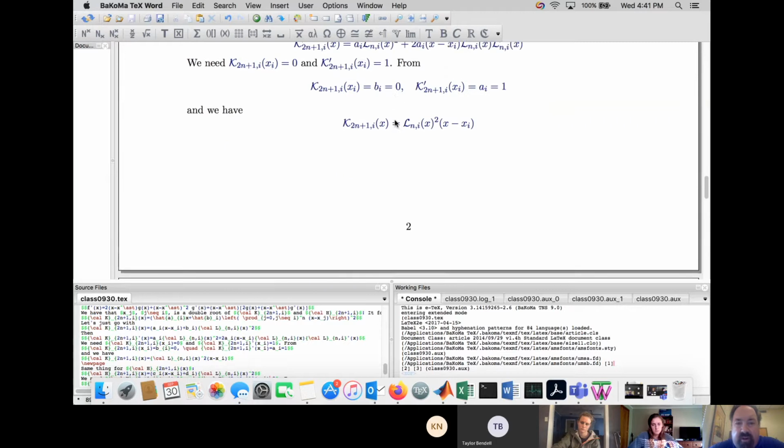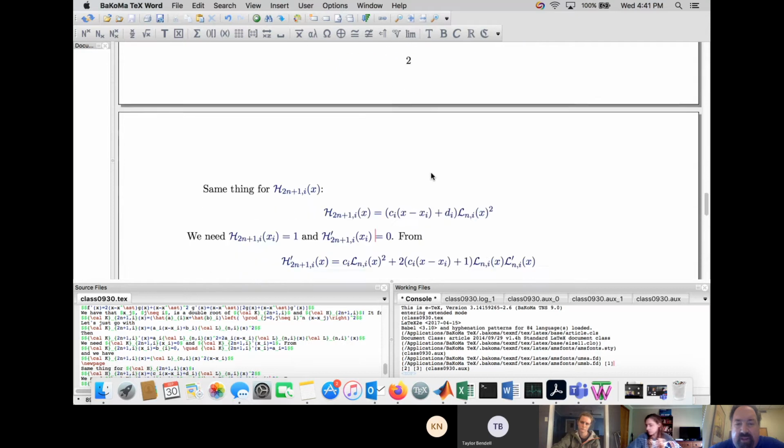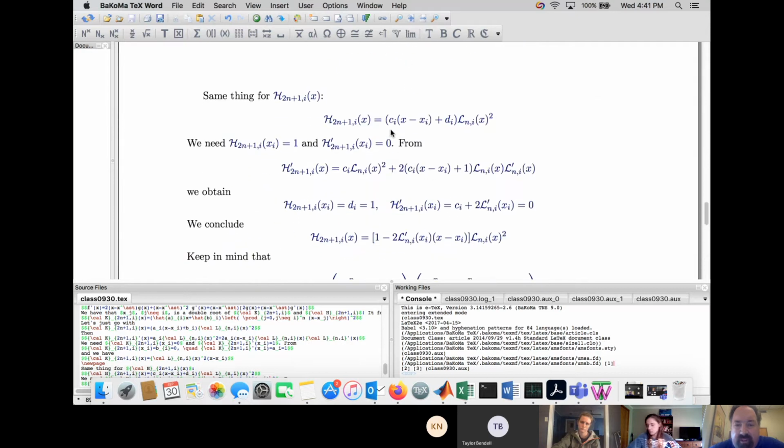For the k's, I had these coefficients ai and bi. For the h's, I had these coefficients ci and di. So they have the same kind of form, and we just use whatever conditions are satisfied at xi to solve for these coefficients, and that's what was done here. You have the details in your notes from last time.